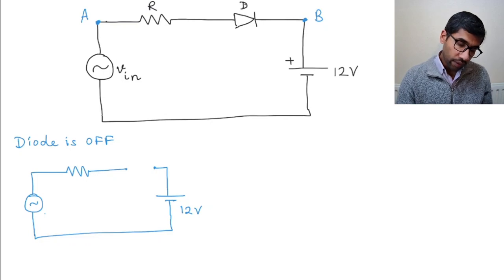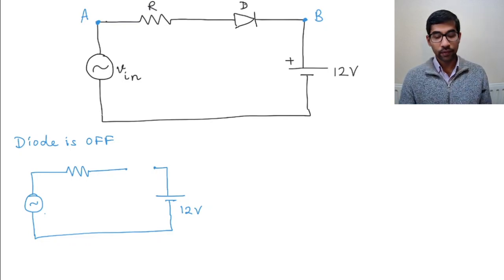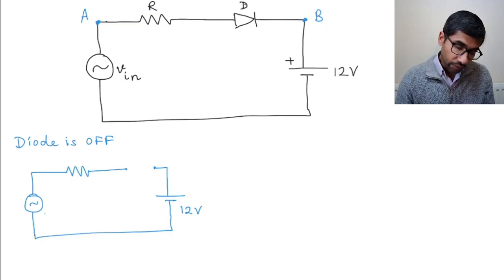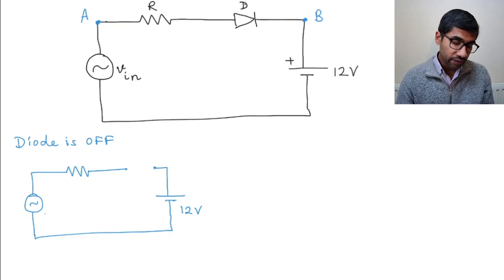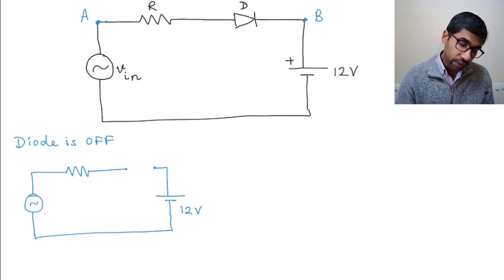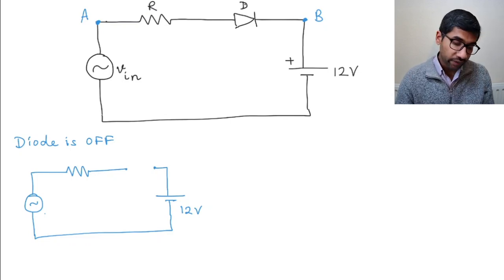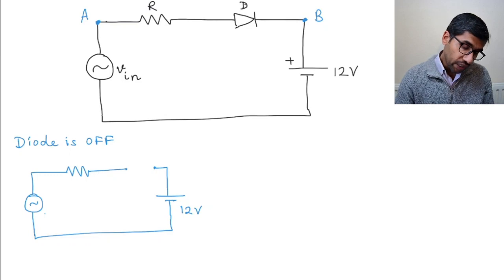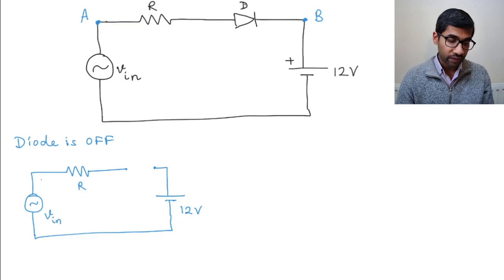Okay, if the current is zero, what is the voltage across the diode? What is Vd, let's say? And you can easily see that, right? You can write the voltages by just putting the signs. Let's say we put plus minus, and we go around this circuit. So we get Vin, and then the voltage drop across this resistance is going to be zero because the current is zero.